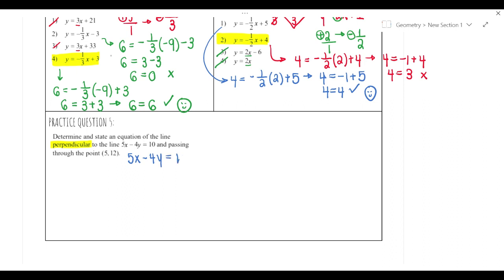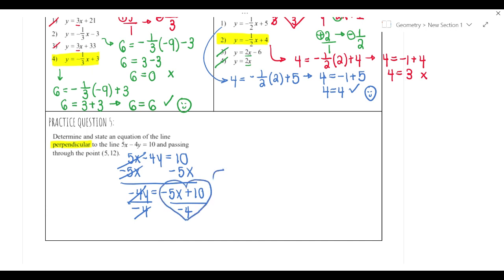So I'm going to subtract my 5x on both sides. And I end up getting negative 4y is equal to negative 5x + 10. And lastly, I'm going to divide all the terms by negative 4. So I'm going to be looking at y is equal to, I have a negative 5 divided by a negative 4.